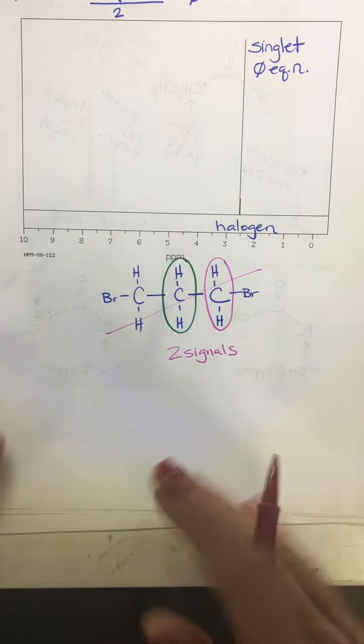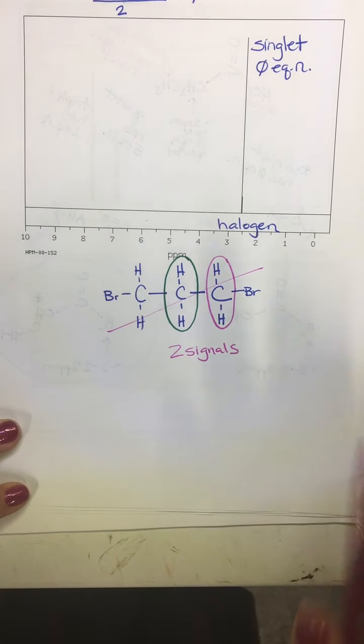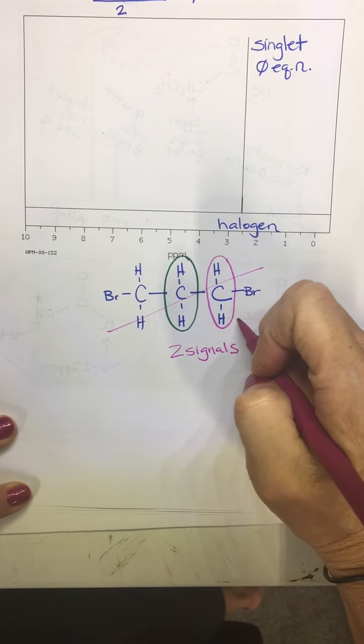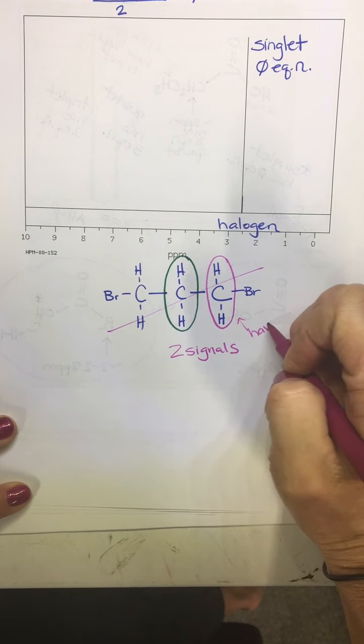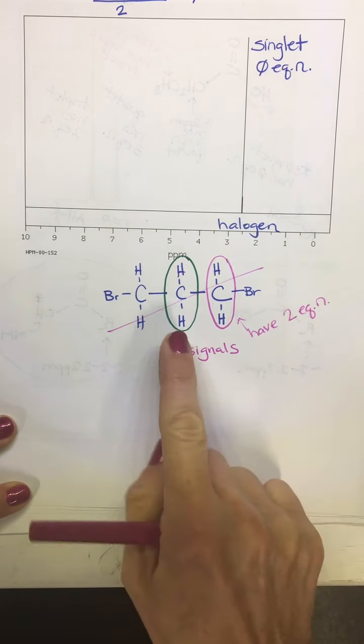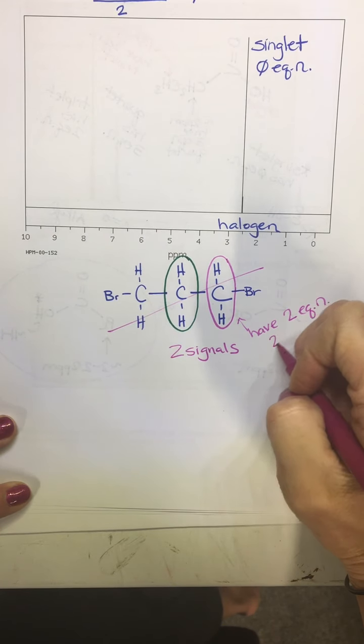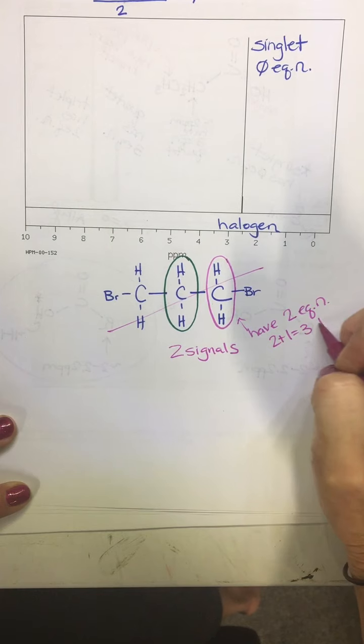Even if you were to look at the splitting patterns, they wouldn't match either. For example, these hydrogens right here have 2 equivalent neighbors. 2 plus 1 would give you 3, which would be a triplet.